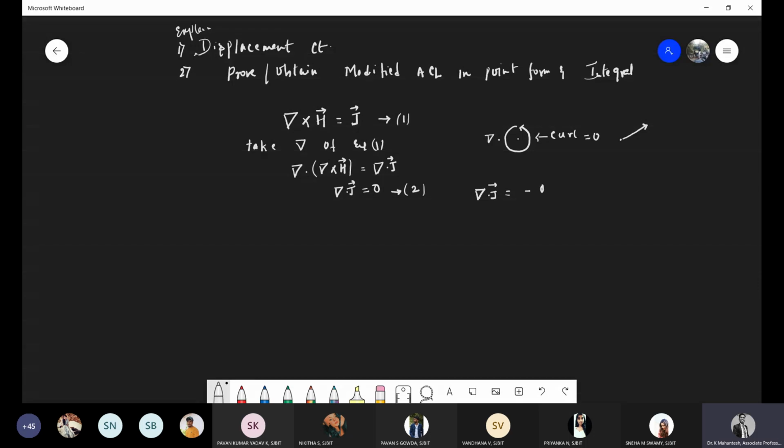Minus rate of change of volume charge density with respect to time. If you want to have a current on the surface of the volume, then it should be due to the decrease in rate of change of charges inside the volume.